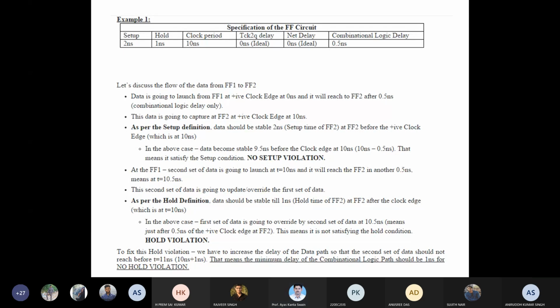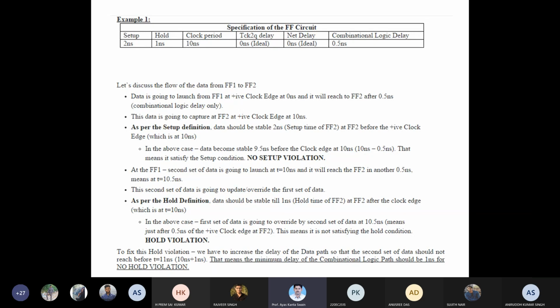In our example one, the specification of the flip-flops is given: setup time 2 nanoseconds, hold 1 nanosecond, clock period 10 nanoseconds. We are assuming an ideal flip-flop, so TCLK2Q, the propagation delay of the flip-flop, is 0. And the net delay is also ideal, that is 0. Net delays are the delays in the nets.